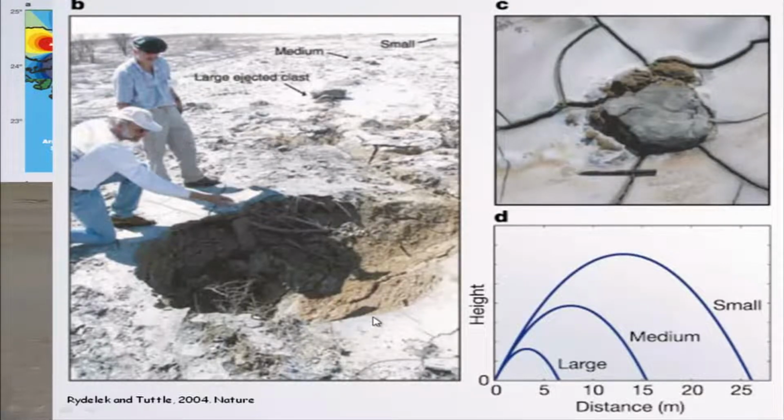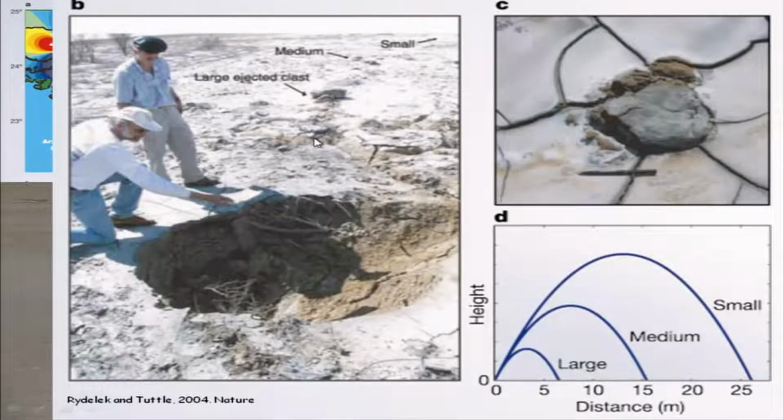Pore water pressure increases in the subsurface, and it travels towards the surface and explodes or breaks the surface. While doing so, it also ejects the clasts, and that's what we call ejecta.